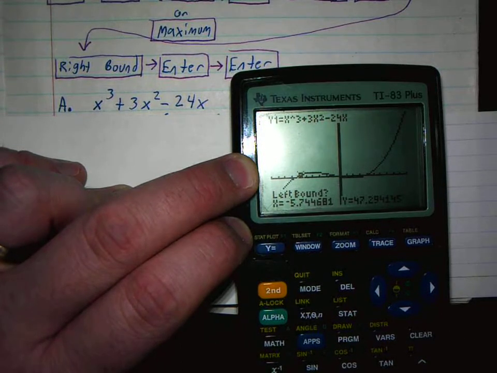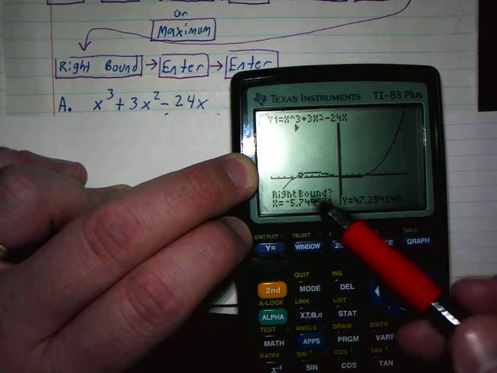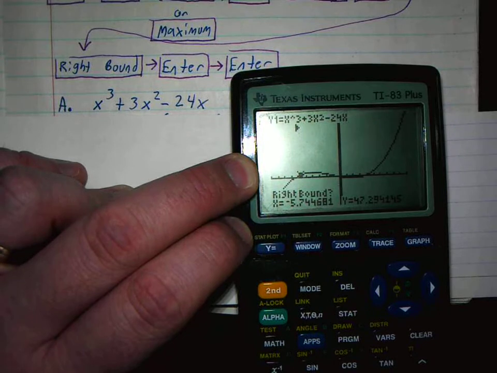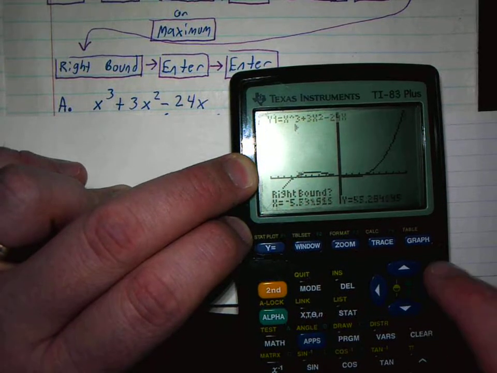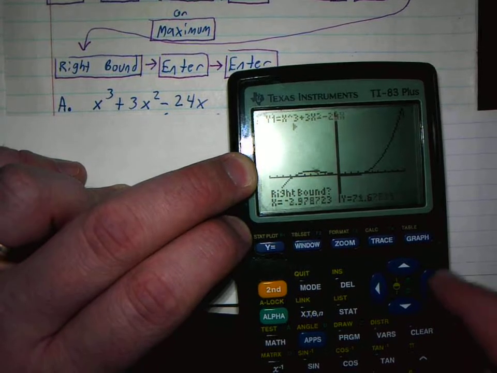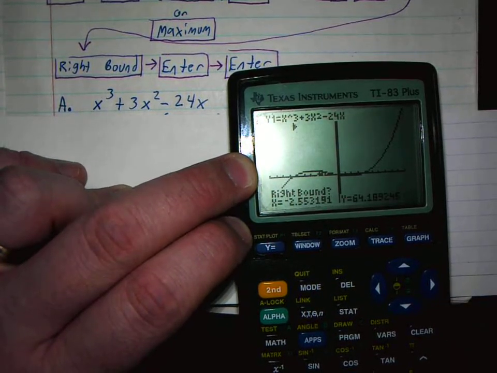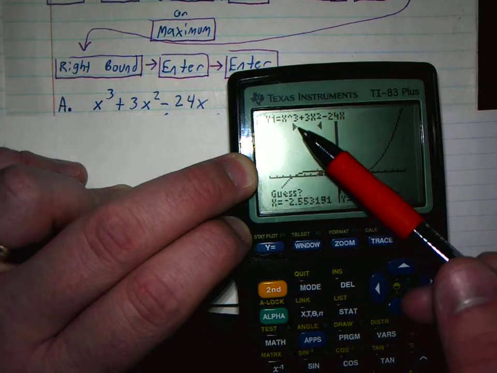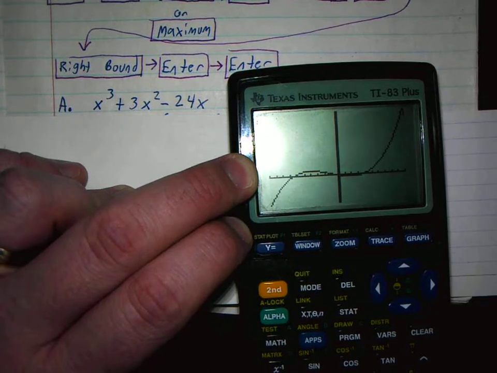And then you hit enter. And then it says right bound, so I need to choose a point to the right of the max. Not yet, let's see, to the right, to the right. I think that would work, since the max is about right there, right? Hit enter. And it says, do you want me to guess that the maximum looks like it's right there, so I hit enter.